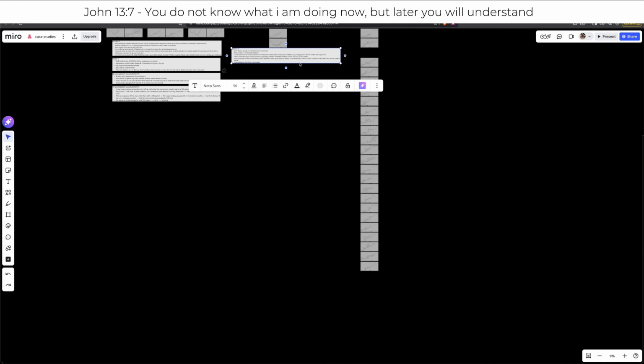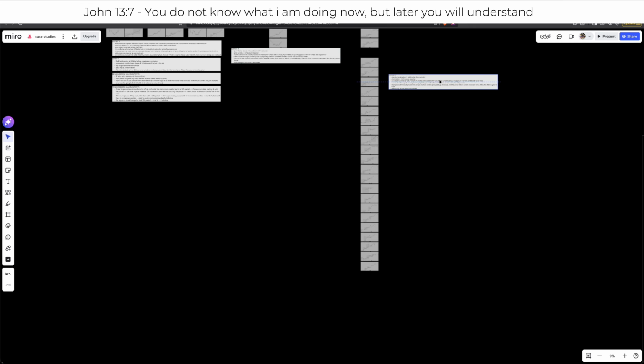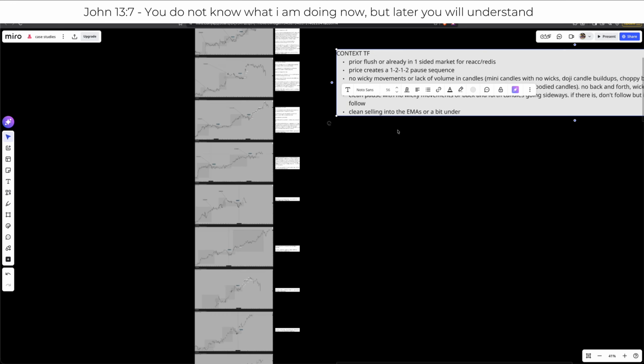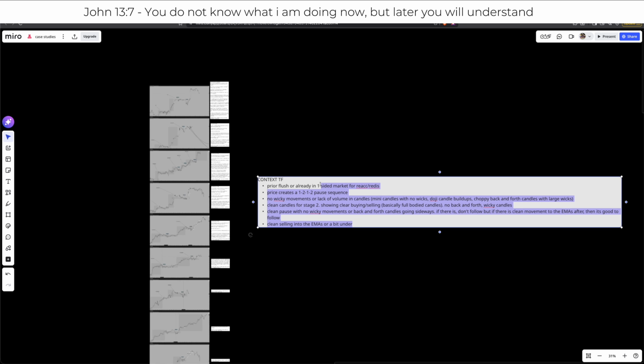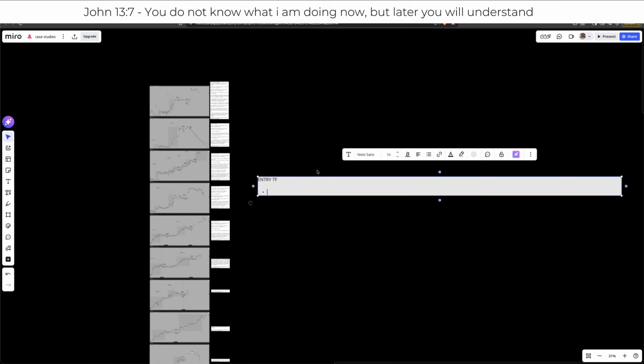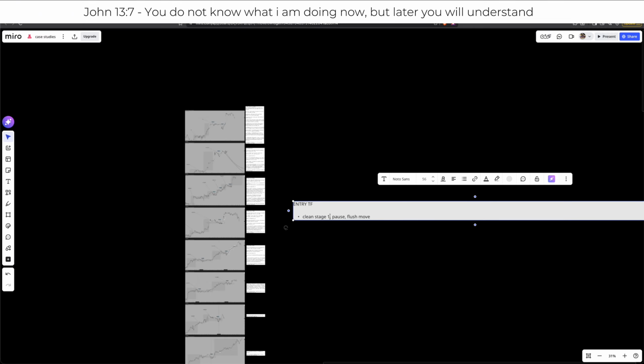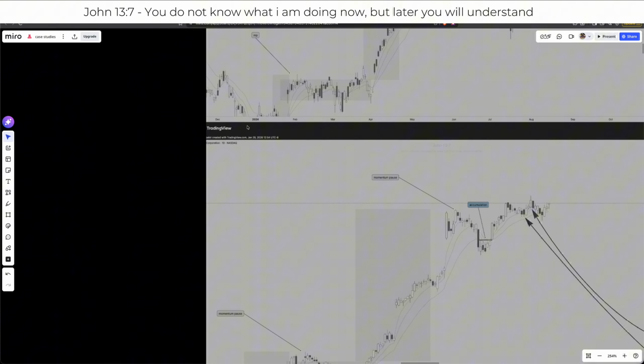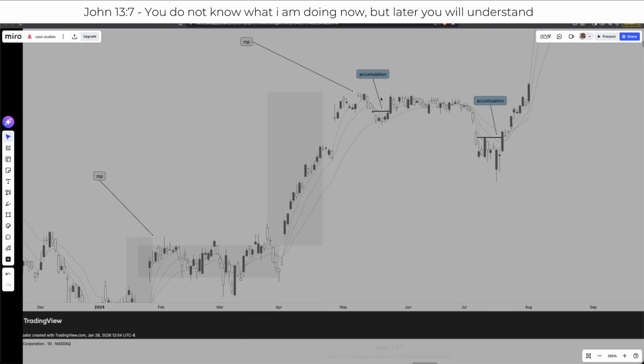So this is going to be what I look for. We're going to look for a clean stage 2 pause flush move, right? A clean stage 1 or stage 2 pause flush move is essentially stage 2 pause flush.